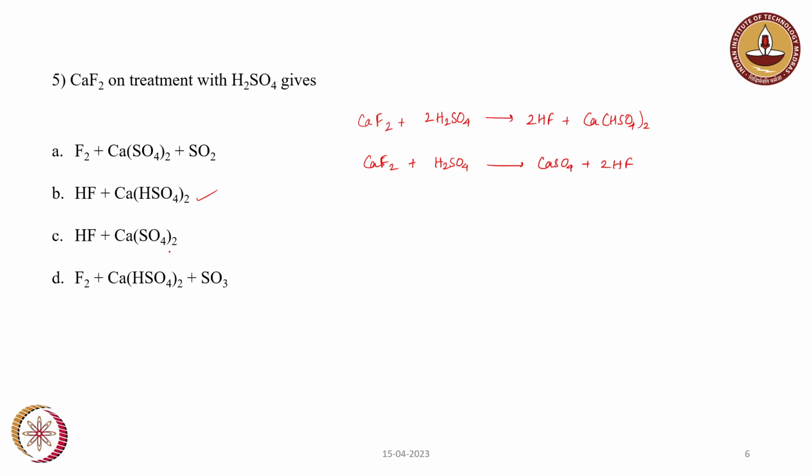So the second option will be the answer since they have not given the second reaction. So the answer is option B, HF plus Ca(HSO4)2. HBr can react with H2SO4. So 2HBr plus H2SO4 will liberate Br2 and SO2.